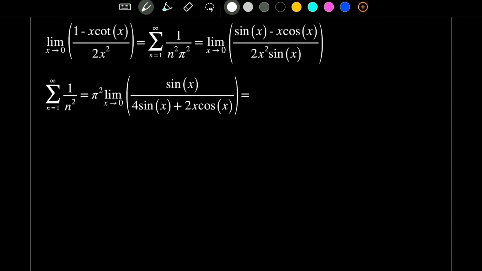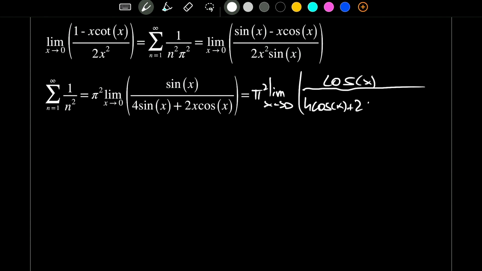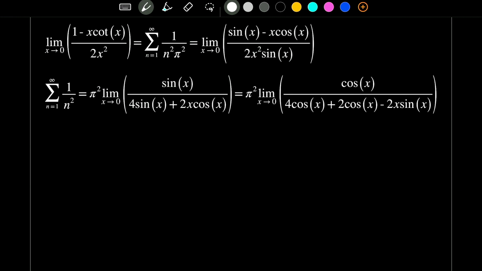So applying L'Hopital's rule again, we're going to get pi squared times the limit as x approaches 0 of cosine of x divided by 4 times cosine of x plus 2 times cosine of x, since we have to apply the product rule, and then of course minus 2x times sine of x. And look at that. Of course, now we don't actually have a false limit anymore.